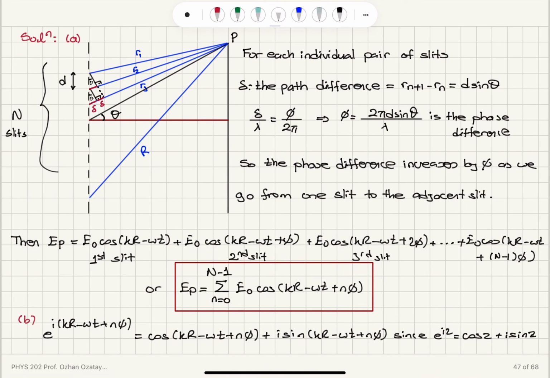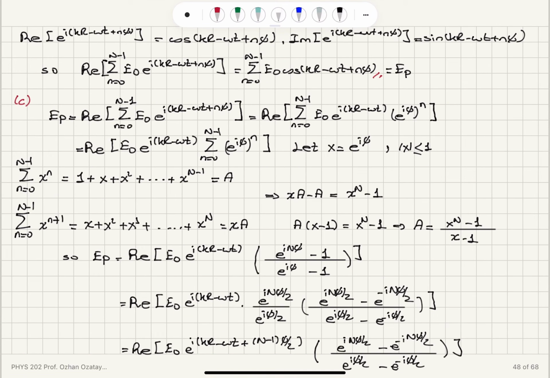So in order to do that, what I did was start with the electric field at point P as the real part of e to the i(kr minus omega t plus n phi) times E0. I isolated the e to the i n phi term. I wrote it as e to the i phi to the power n.